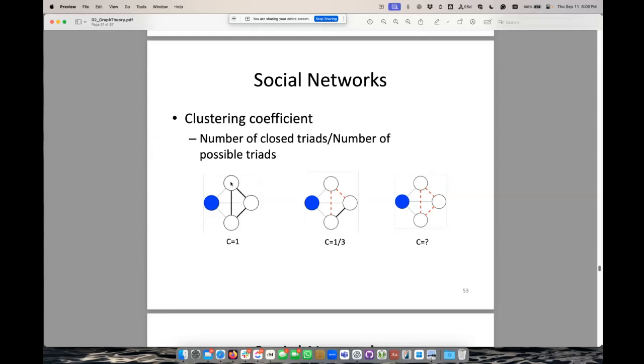You can see that the blue node is connected to all these three friends. But the three friends of the blue node are also connected with each other, right? So in this case, the clustering coefficient of the blue node is 1, meaning there are three possible connections among the friends, and all those three exist in the network.